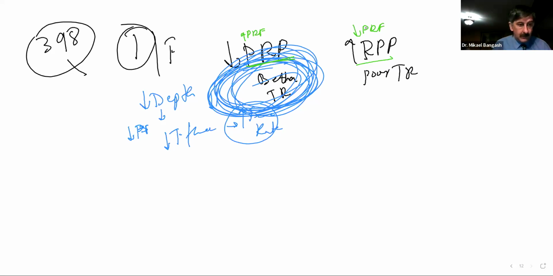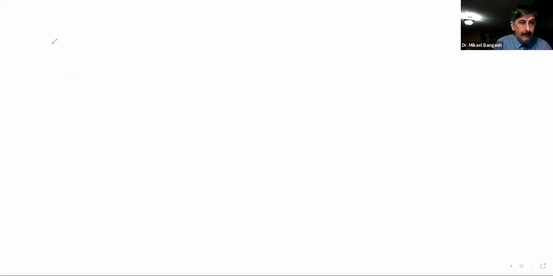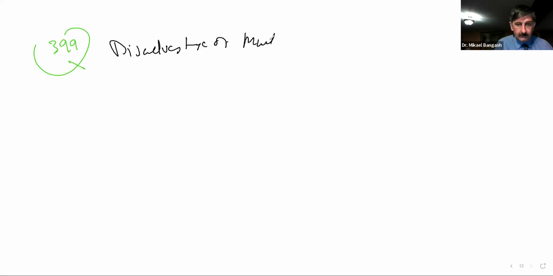Question 399. What is the primary disadvantage of multifocusing along each scan line of a two-dimensional image? We are looking for a disadvantage of multifocusing.